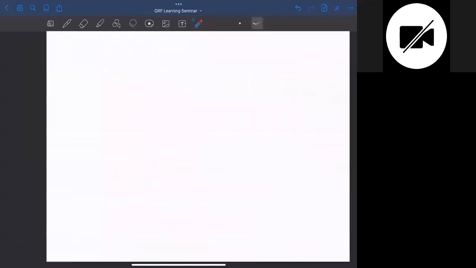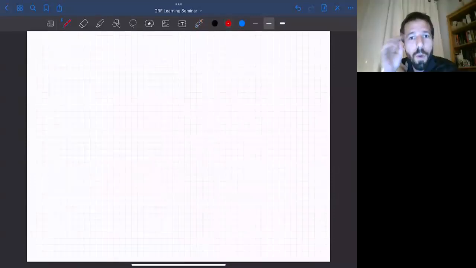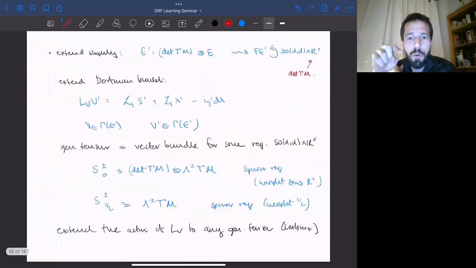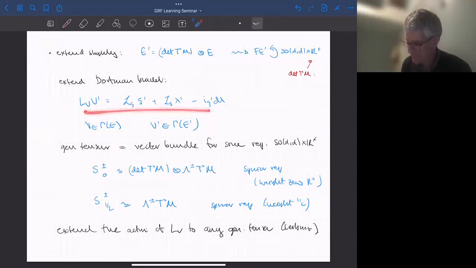One question on this bracket that you have defined: E prime is like a module for E. You don't need to choose anything, right? It's canonical. You don't need to choose a connection or anything. No, this is canonical.